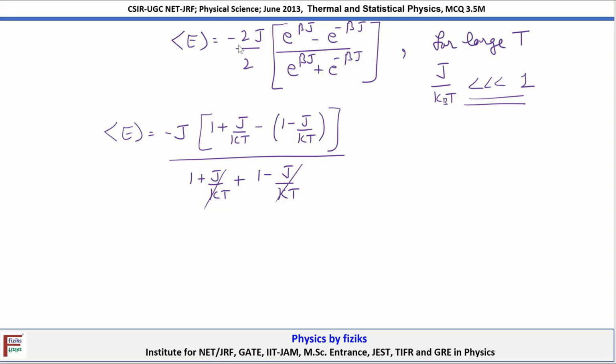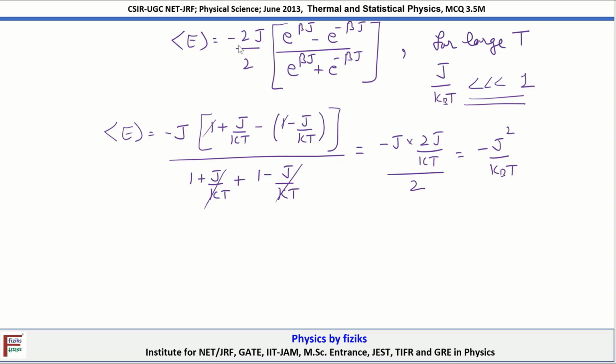So 1 will cancel with 1, and ultimately we are left with minus J and then twice J multiplied by twice J upon kBT, divided by 2. So this is equal to minus J square by kBT.